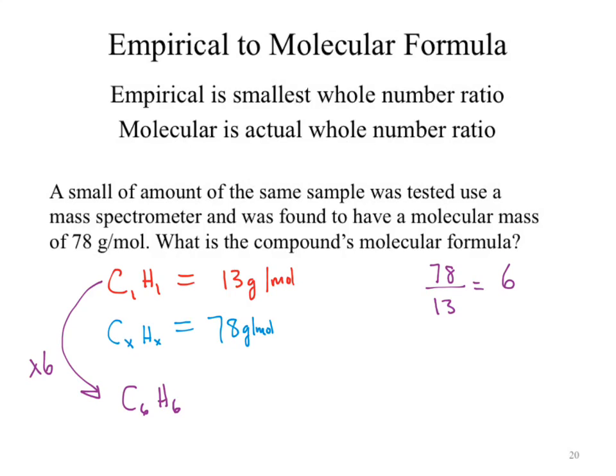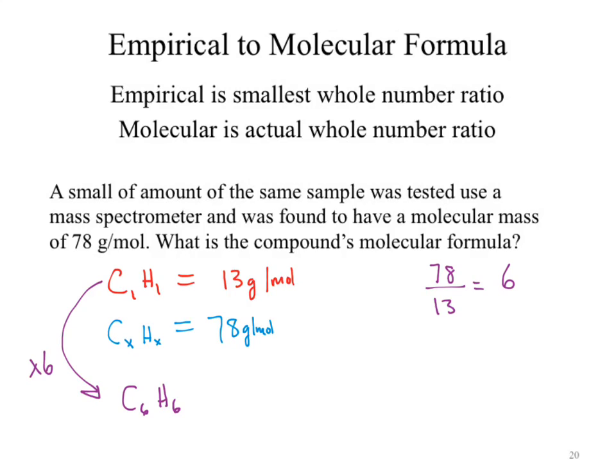How much higher does it scale? And because our empirical formula is our fully reduced formula, that allows us to directly solve out of this. It just scales 6 times higher. So we can then multiply that 6 through on our empirical formula and we get our final answer.